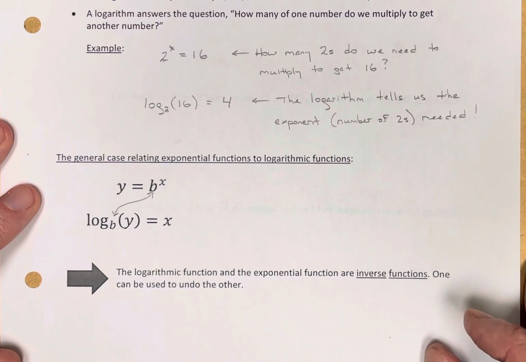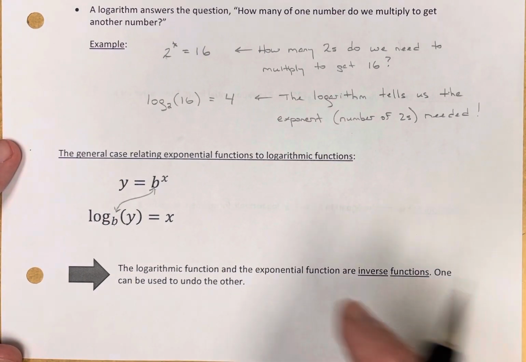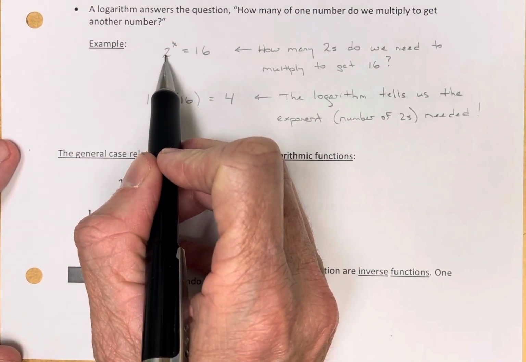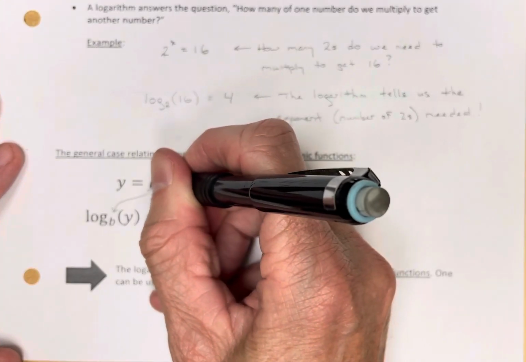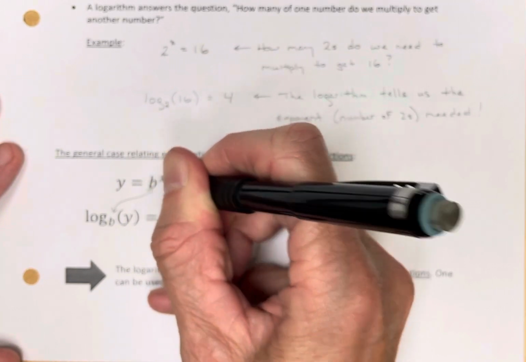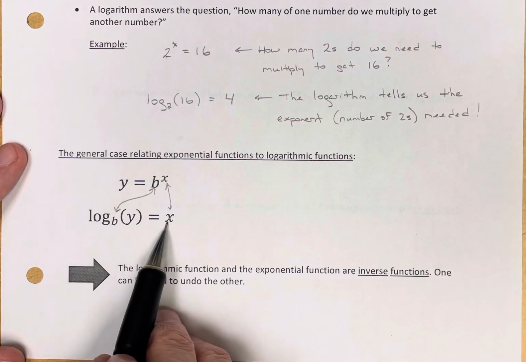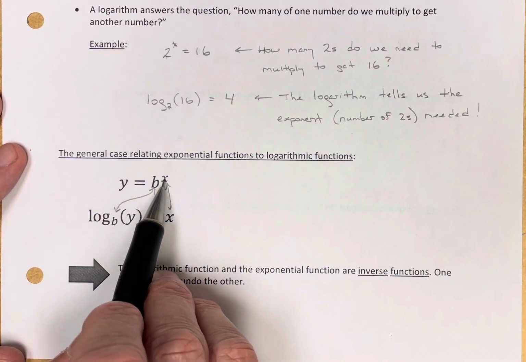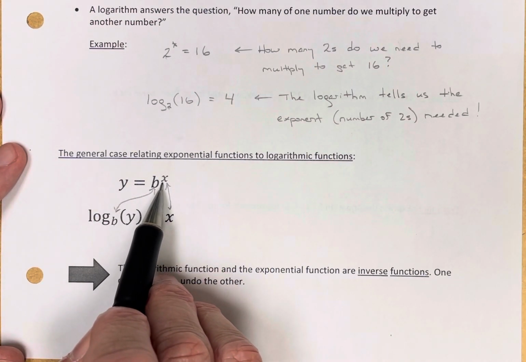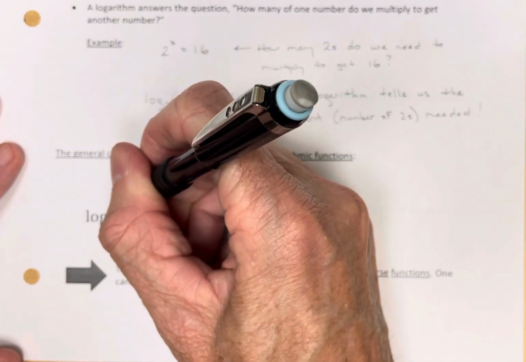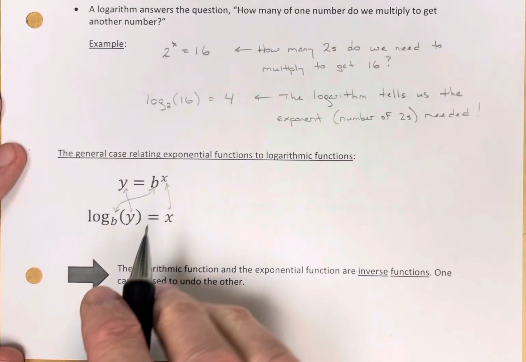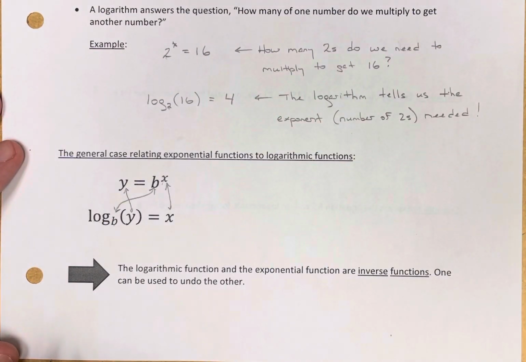We saw that right up here: the base in the exponential is the same thing as the base in the logarithmic. The log outputs an exponent, and the exponent in the exponential is here. And the y, the exponential expression, is the argument in the logarithmic function.